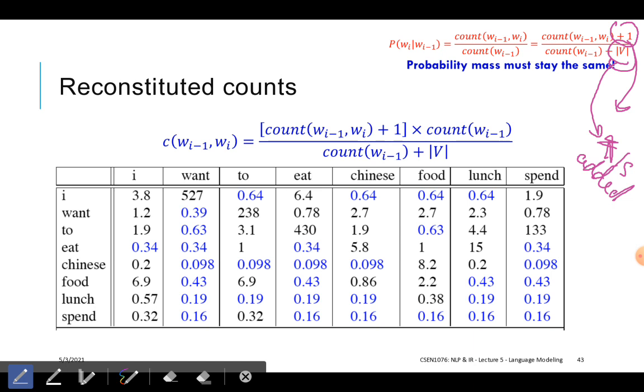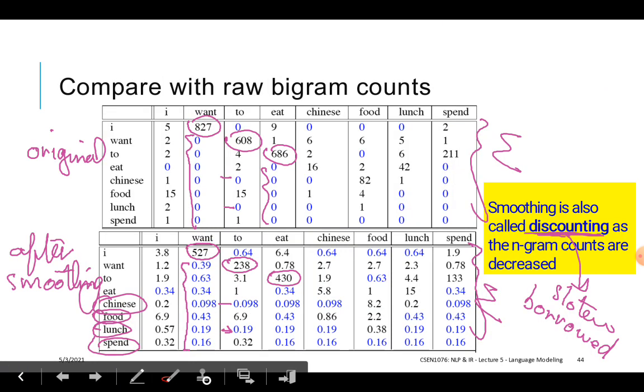This is now the new probability, but we need it to be equal to the original counts, so we will need to recompute the counts. And how do you recompute the counts? By just doing simple mathematical substitutions. This is basically what Laplace smoothing does. This is the technique it uses in order to borrow some of the counts here and lend them to the counts that were originally 0.